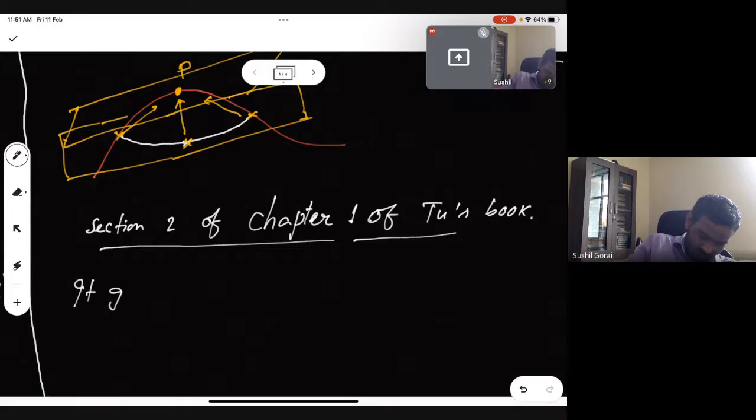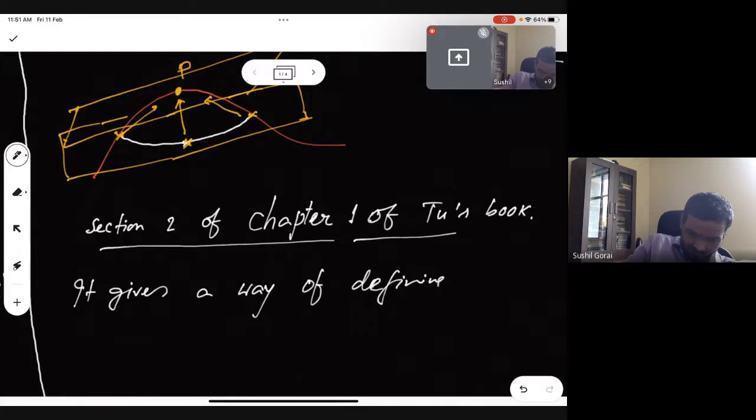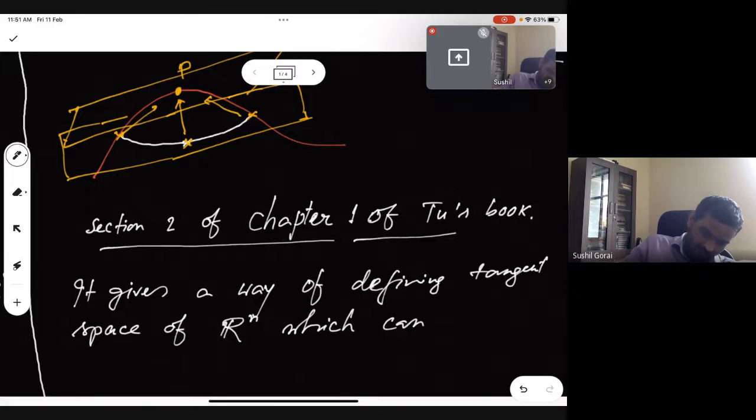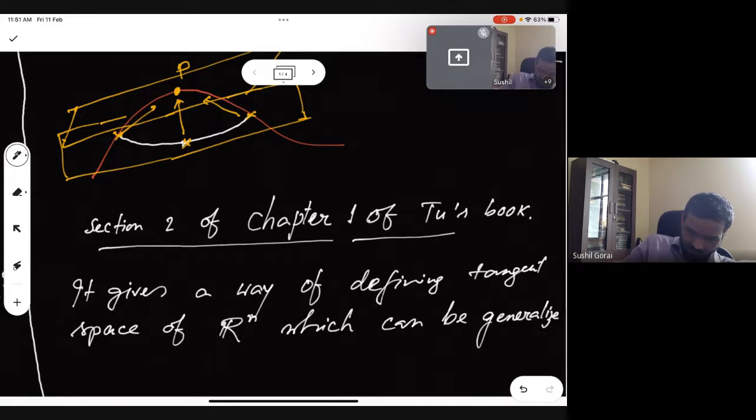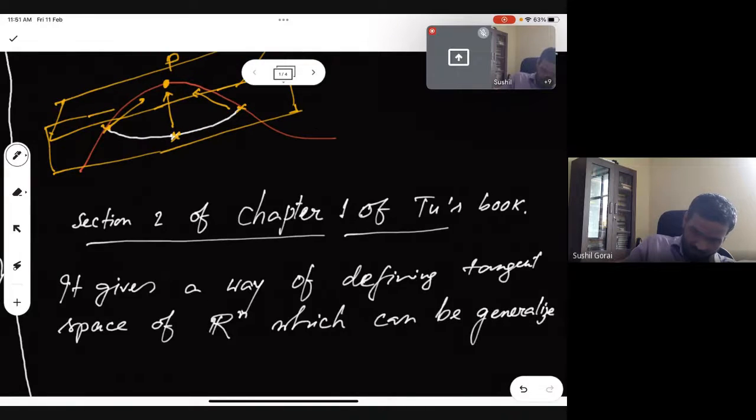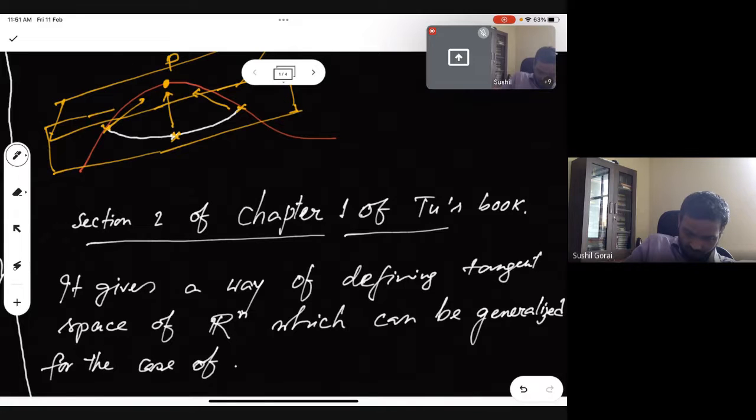It gives a way of defining tangent space of Rn, which can be generalized for the case of smooth manifold.